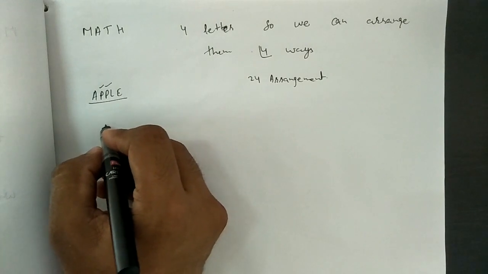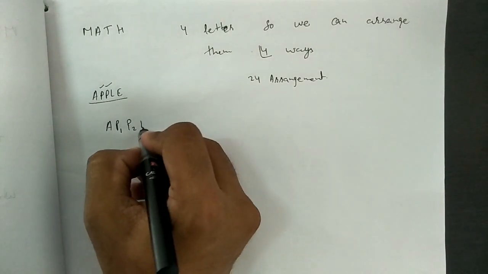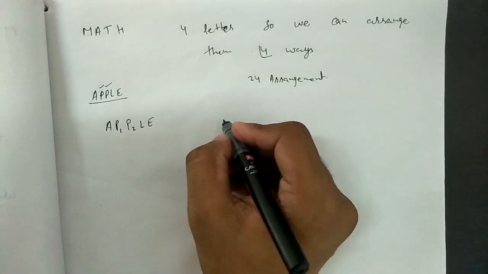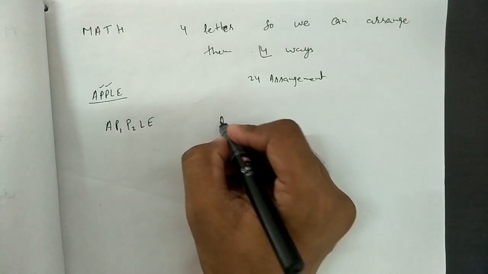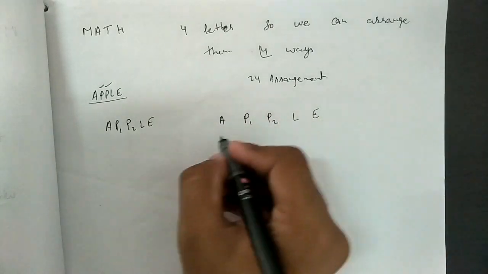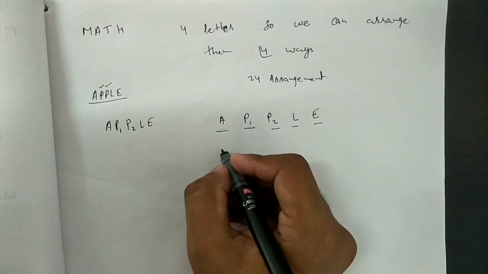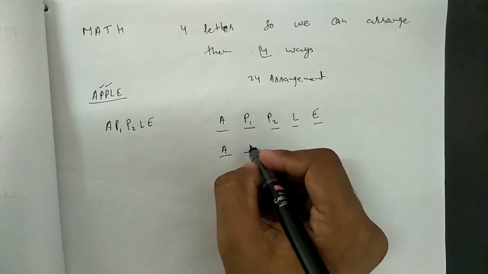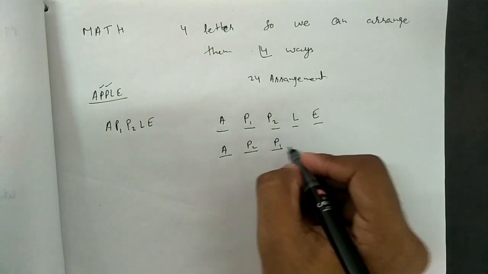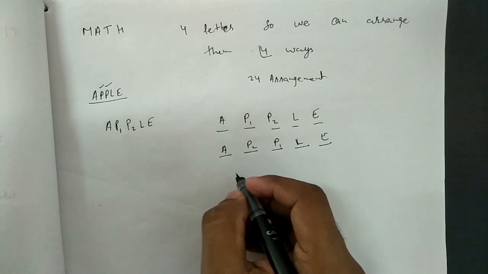So if I write this as P1 and P2, we can arrange it like this: A, P1, P2, L, E. We have 5 places to fill. Now arranging them in a different order: A, P2, P1, L, E.